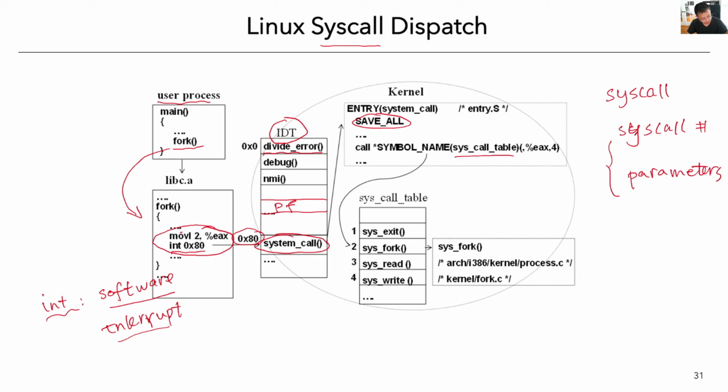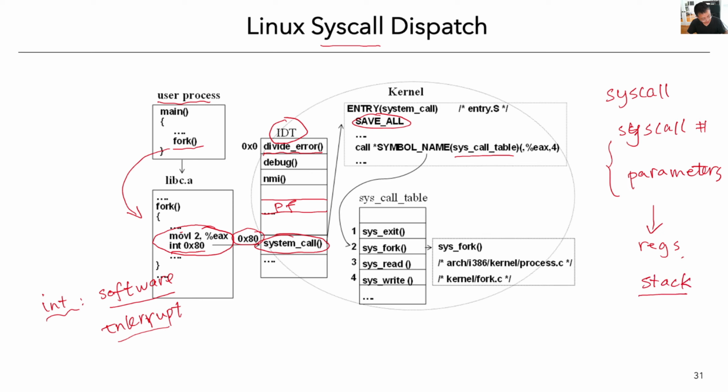The parameters are usually passed from the user space to the kernel space in registers. If you have more parameters than the number of registers, you can also pass them on the stack, right?